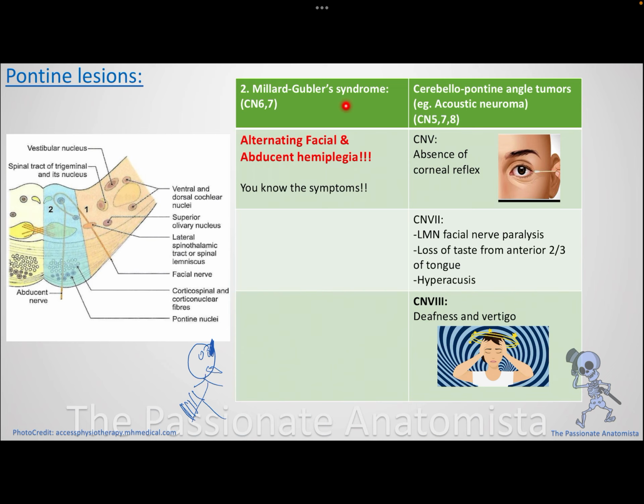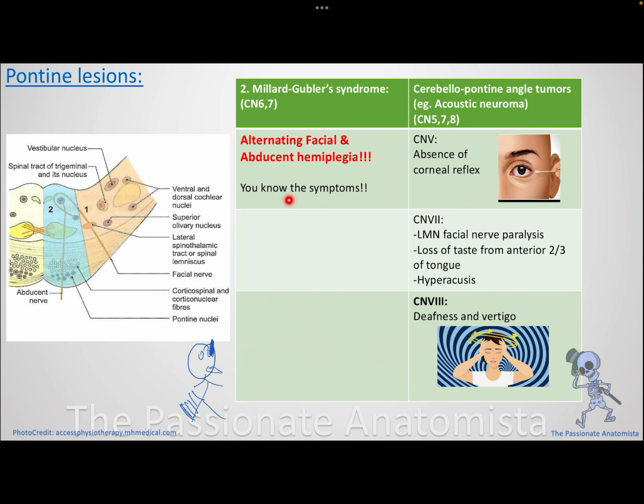In the Millard-Gubler syndrome, it's a problem in the medial part of my pons, and in that I'm gonna have the same golden phrase. But remember that the very famous cranial nerve nuclei related to your pons is not the hypoglossal like the medial medullary syndrome. Here it's the abducent and facial. So what we'll have is alternating facial and abducent hemiplegia.